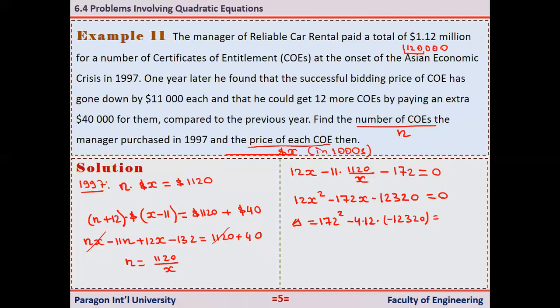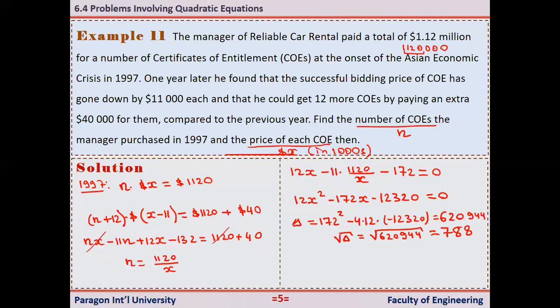That's equal to 620,944. And I can just write here the square root of this delta is equal to the square root of 620,944, and the square root of that is 788.